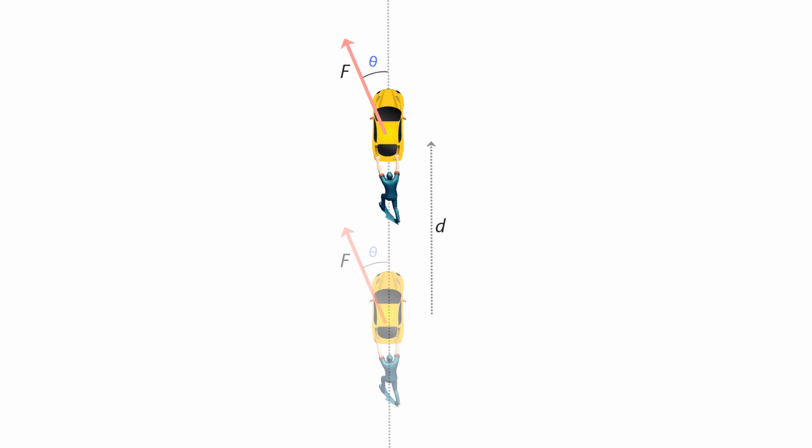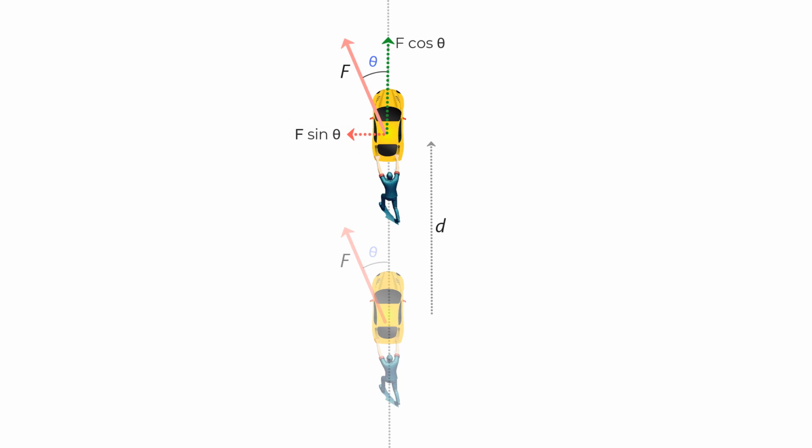Well, if you split the applied force into its horizontal and vertical components, you get force acting in the horizontal direction as F cos theta and in the vertical direction as F sin theta. You can also see that there is no displacement in this direction, and since there is no displacement in this direction, that is d is equal to 0, the work done by this component is 0.